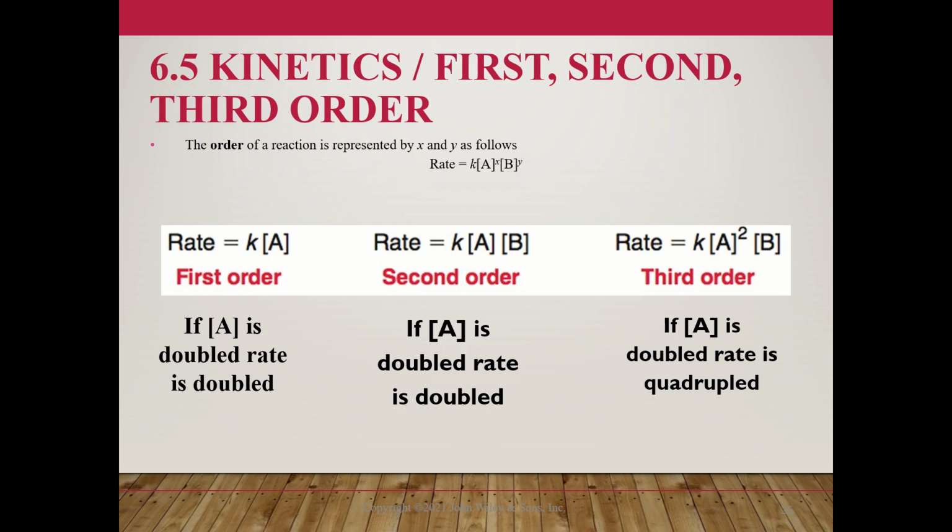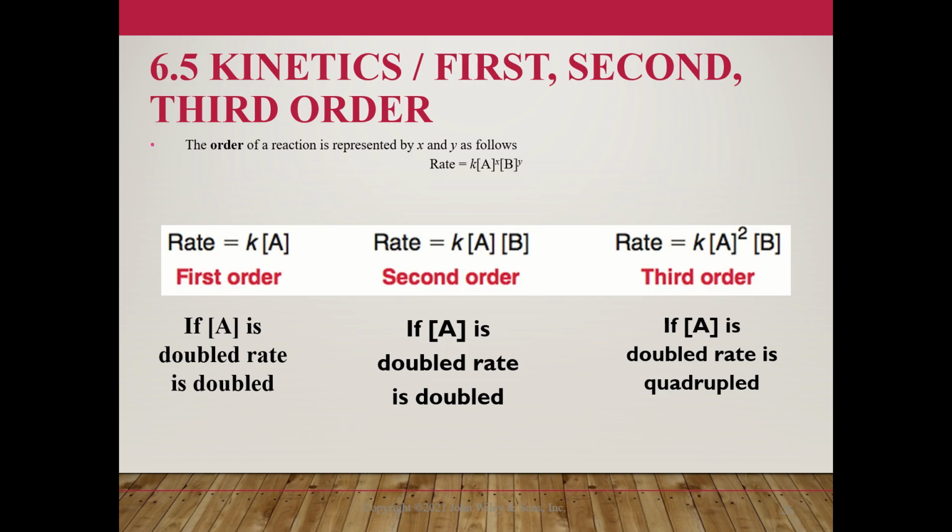But if you keep B's starting concentration the same in multiple trials, and you change the concentration of A in each of those trials, then if A's concentration is doubled, that quadruples the rate of the reaction.